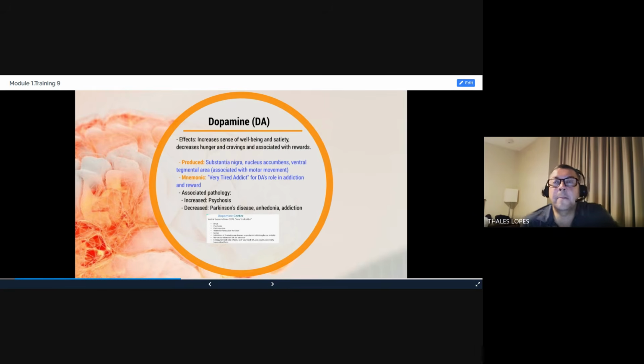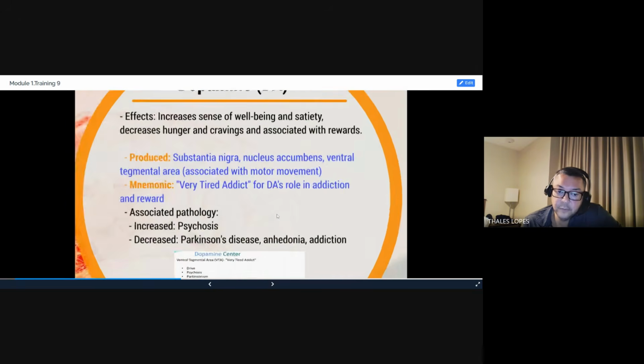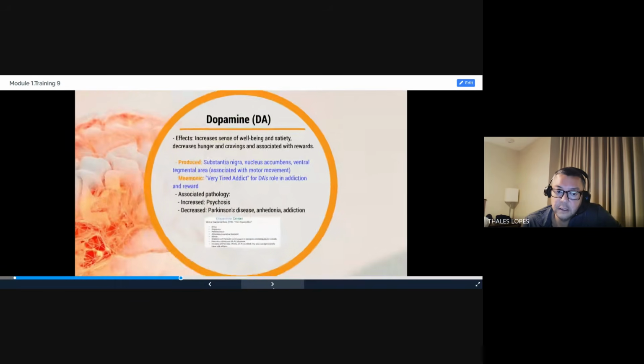Now, let's talk about the pathologies of dopamine. Too much dopamine in the mesolimbic pathway postulates psychosis. Too little dopamine could cause Parkinson's disease, anhedonia, and even addiction. Right?